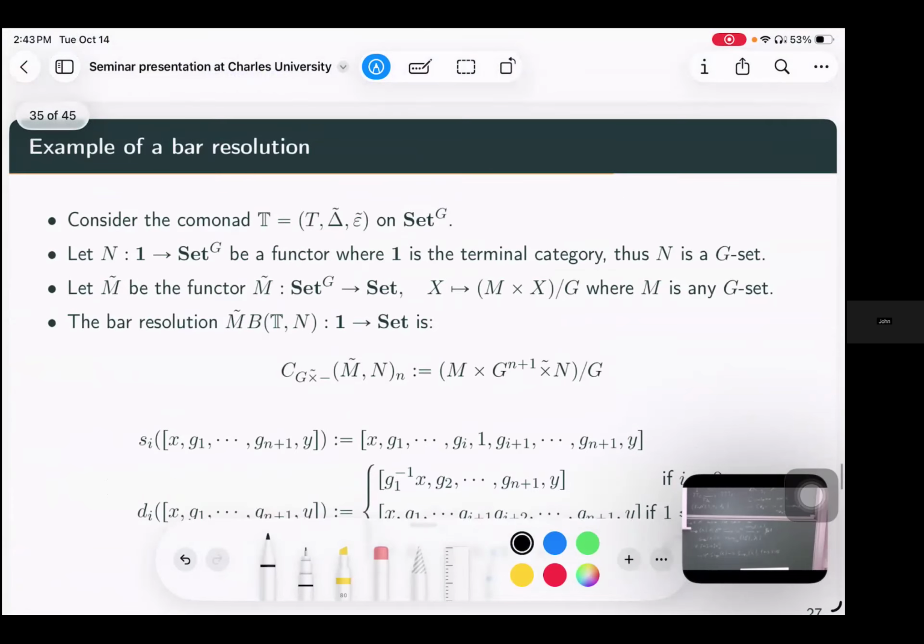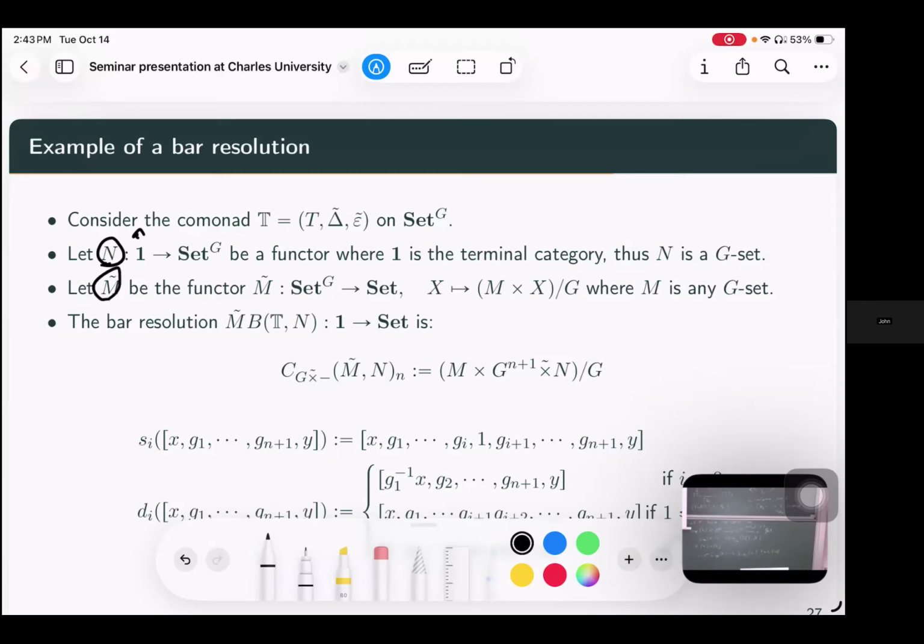Okay, so I give you an example of a bar construction. So here I take n, the functor. Here, if you recall, this was supposed to be any category. So I just use the terminal category in order to obtain n as an object in the category of G sets.